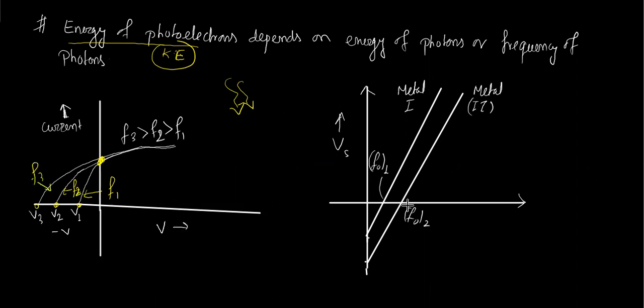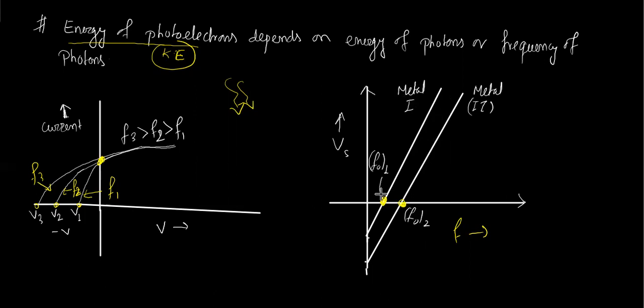And another graph is quite important, and this graph represents the variation of frequency with stopping potential. And here the intersecting point always represents your threshold frequency.